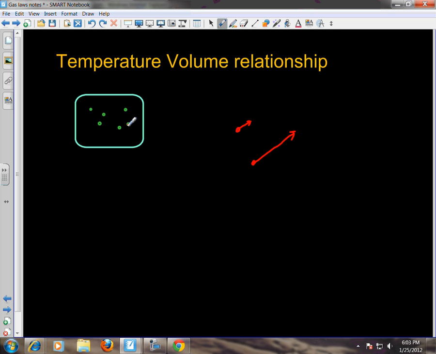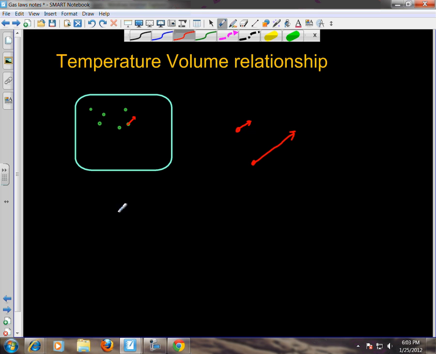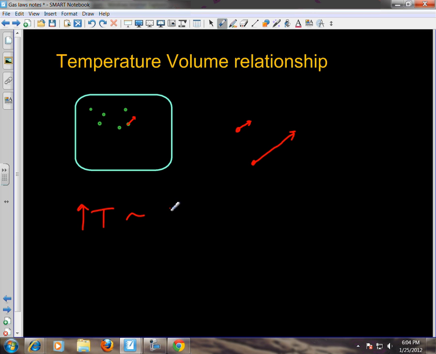So if we have these little molecules flying around at a certain temperature, if we double their temperature, they're going faster, so they're going to tend to collide with the walls more often. Well, to keep them from increasing pressure, then we're going to need to increase the size of the container. And so if the temperature rises, then the volume also has to rise.